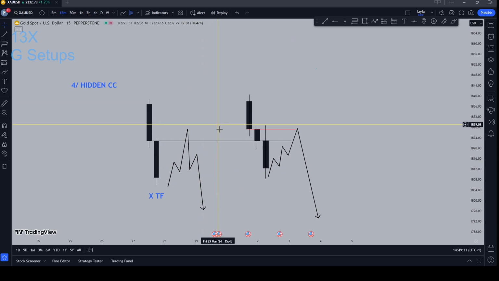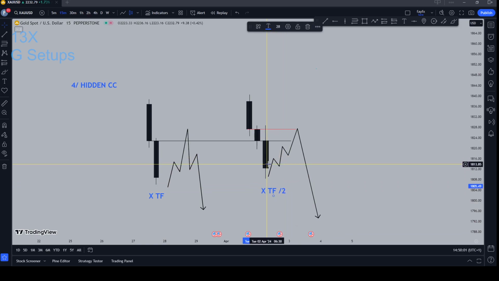The fourth setup is a hidden CC. On X time frame, we have a gap. Then price came up, and we see that it is reacting from nothing here. But when we go one time frame lower, what are we going to find?